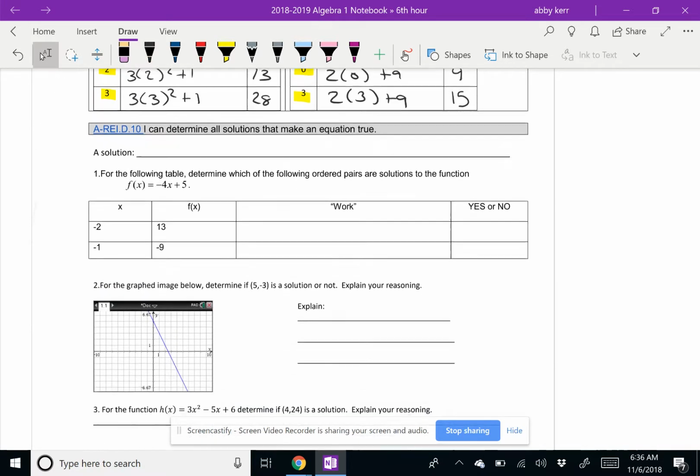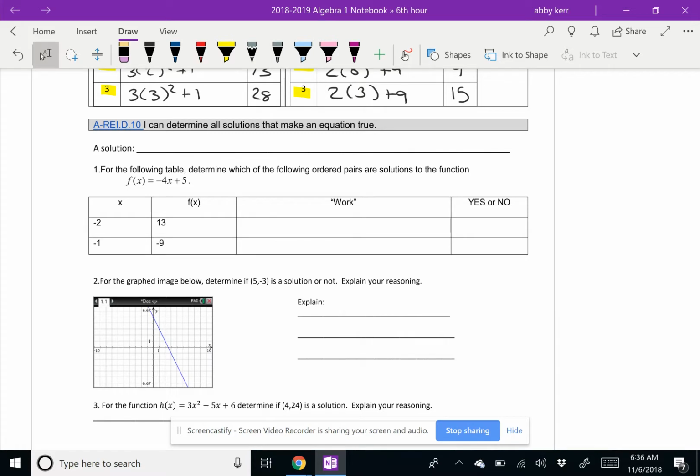Now the next learning target on these notes, it says I can determine all solutions that make an equation true. A solution is an ordered pair that exists on the given line.